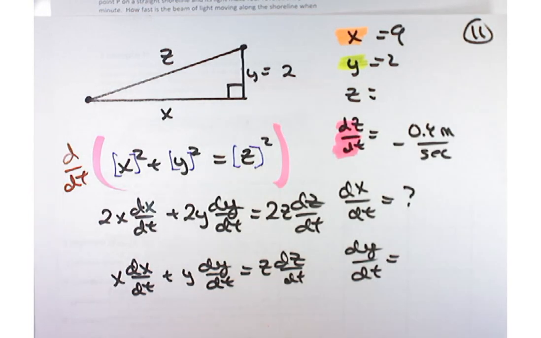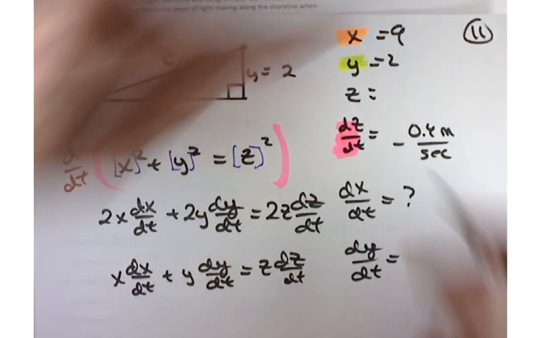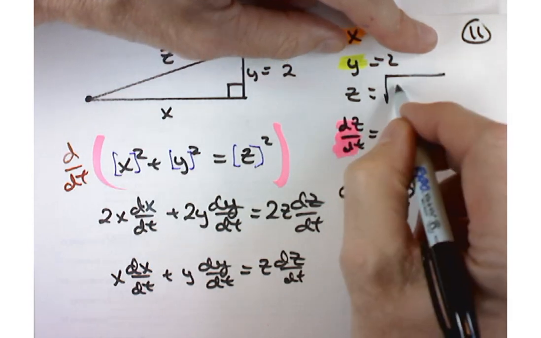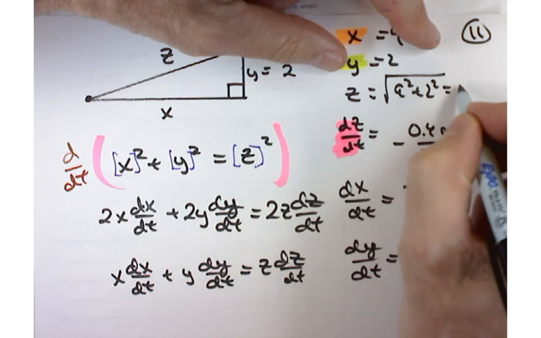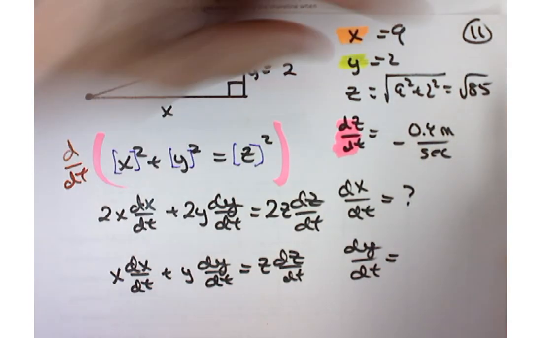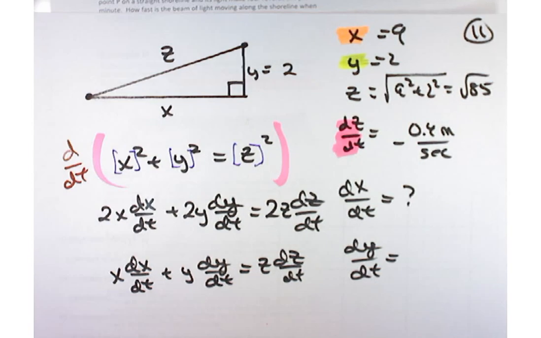Let's start out with how we're going to figure out what z is. That one you should be able to give me by doing the Pythagorean theorem. The square root of 9 squared plus 2 squared is the square root of 85. Cool, we got rid of one.